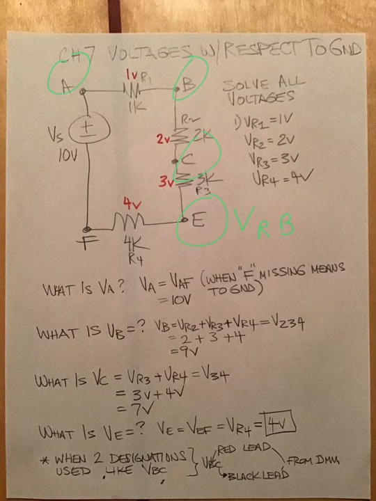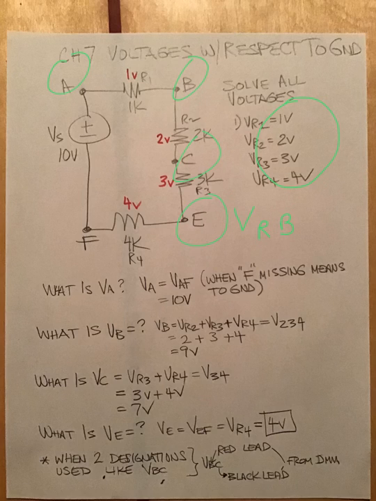It has 4 resistors, 1K, 2K, 3K, 4K. If you solve them out, you will get these voltages. The voltage across each resistor is proportional to its resistance.